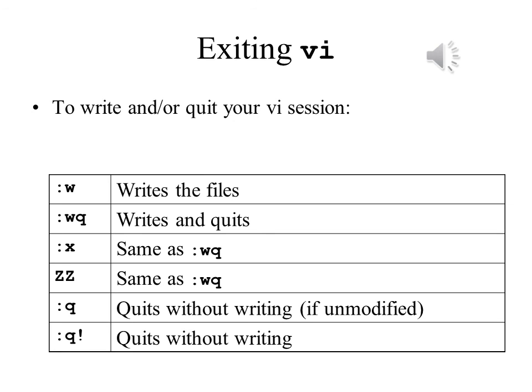But colon Q won't quit if you actually made any changes to the file during this editing session. If you want to not save the version that you have, just quit without saving it, what you type is colon Q exclamation point. That will quit without writing the file, and it recognizes that you know that you are not going to save what you had, and it presumes that that's exactly what you want to do.